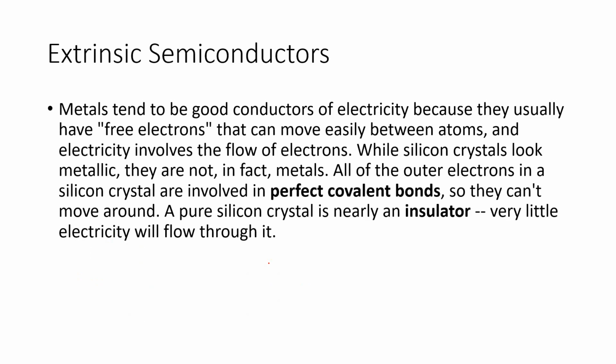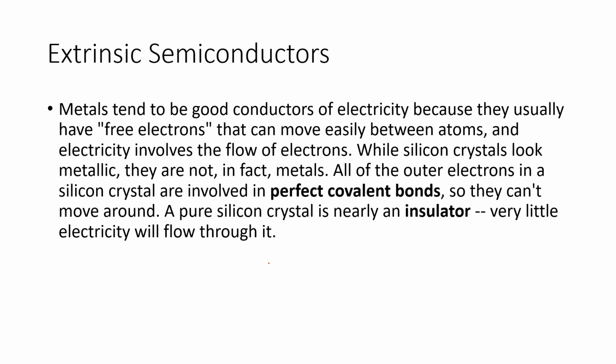But the next type of semiconductors that we ought to know about is what we call extrinsic semiconductors. Now it says that metals tend to be good conductors of electricity because they have free electrons that can move easily between atoms, and electricity involves the flow of electrons.